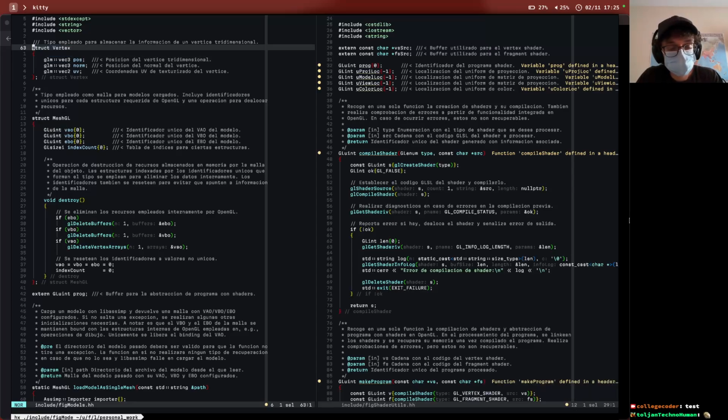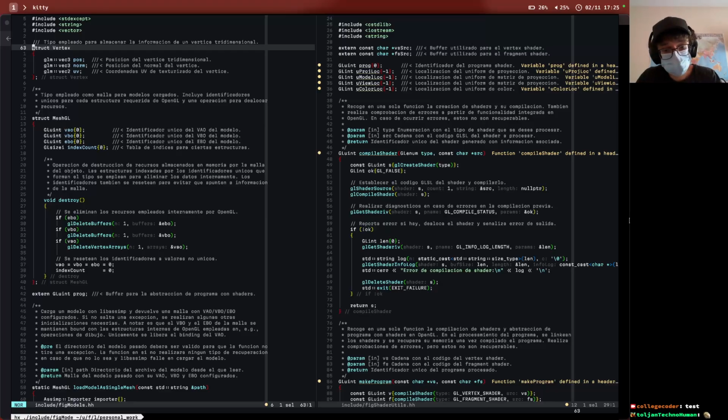Alright, so we have the vertex, we have the position, the normal, and the UV coordinate textures, whatever. That doesn't matter right now. The mesh GL stores the vertex array object, vertex buffer object, element buffer object, and the index count, which we use in the final call to draw triangles or strips or lines or whatever.